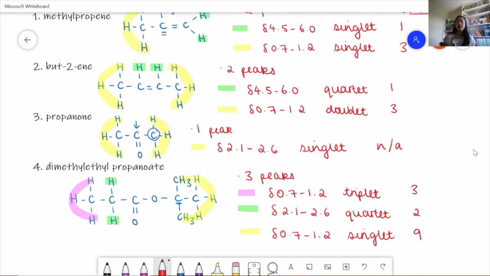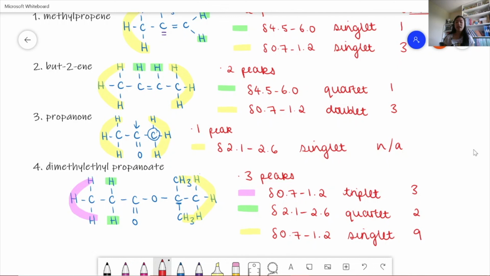And so in conclusion, in order to predict proton NMR spectra, the first thing you do is draw out the molecule, and then you find all the hydrogens which are in the same or different environments, and this will tell you the number of peaks you have, depending on how many environments you have. And then you look at your data booklet and find out where all these peaks should lie.